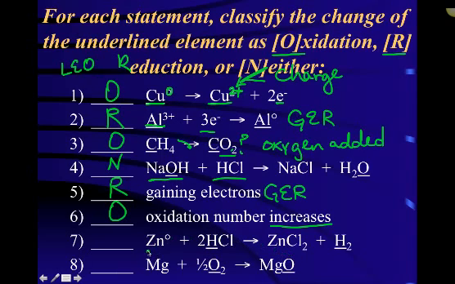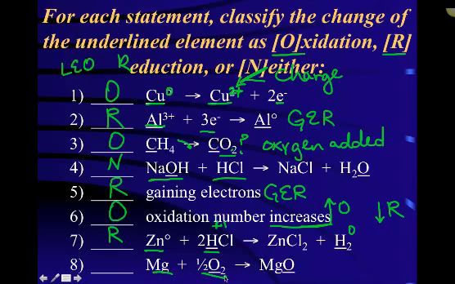I have a single replacement reaction where zinc is replacing hydrogen. So hydrogen in this compound is a +1 charge when it bonds with chlorine. And now in its elemental form, it's a 0. So I went from a +1 to a 0. That's going down. So if an oxidation number increases for oxidation, then the number decreasing must mean reduction. Hey, get it? Reduction goes down? That makes sense.